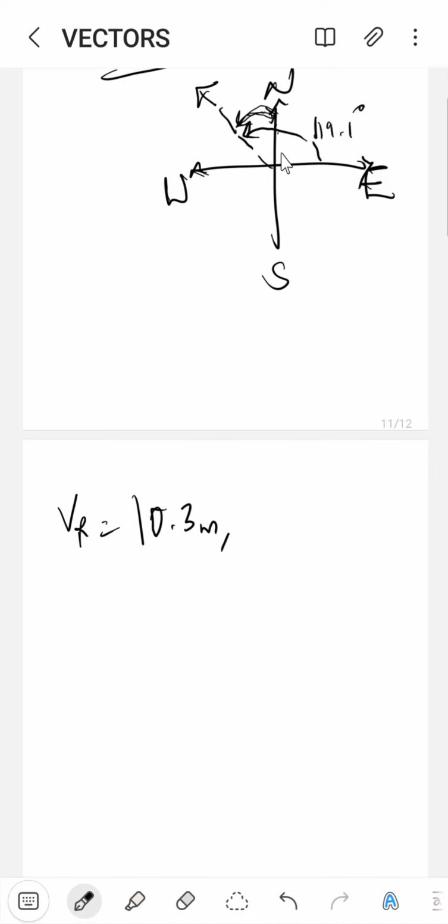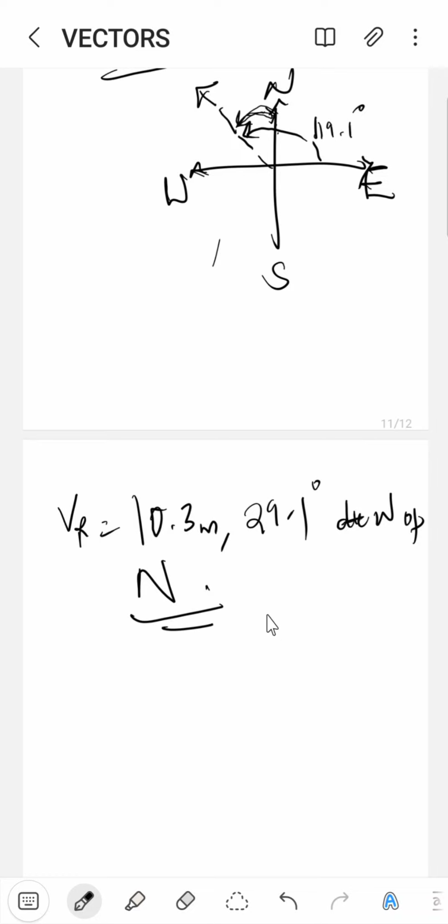That gives you 29.1 degrees west of north, and you can put it that way. That's basically how you answer a vector question, magnitude and direction. You should never forget to put direction when you find a vector quantity.